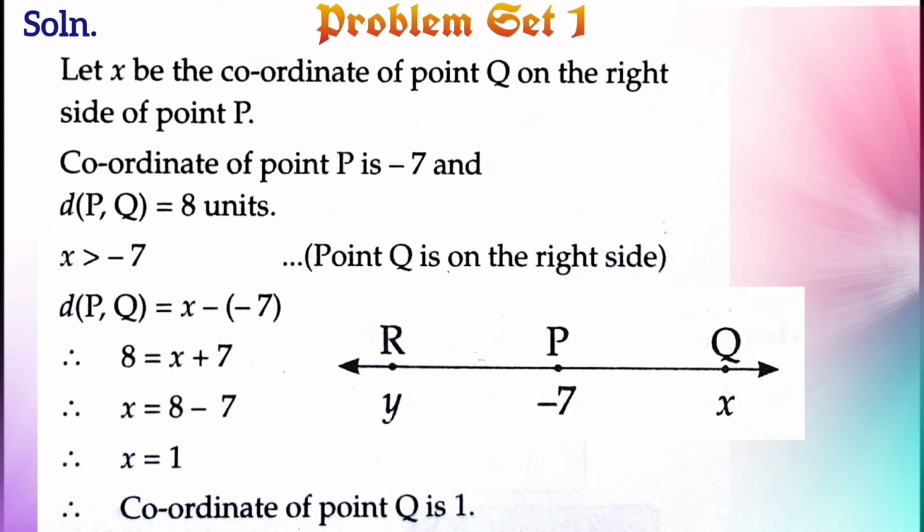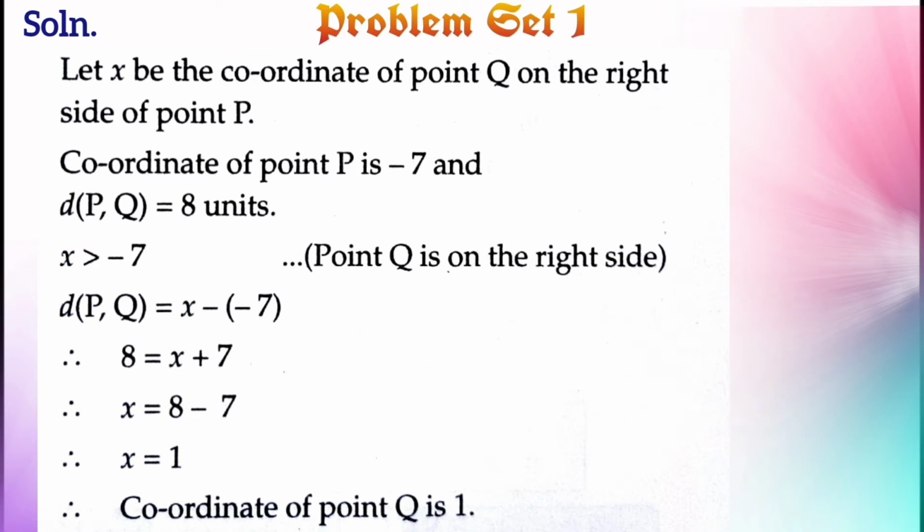The minus will become plus here. So X plus 7. Now we have to find X. X will be alone on one side and plus 7 will get shifted to the other side and become -7. So X is equal to 8 minus 7, that is X is equal to 1.